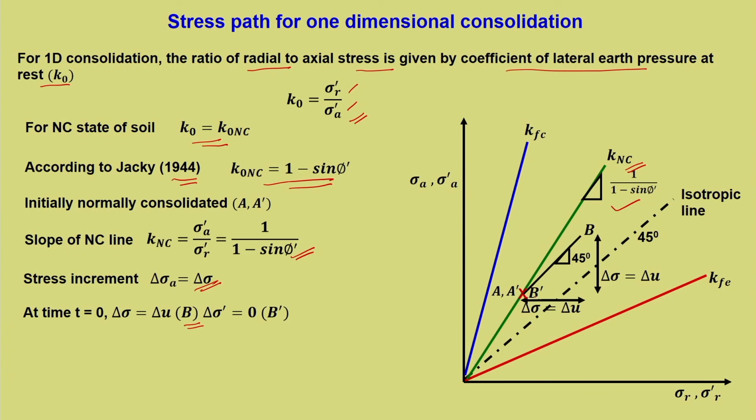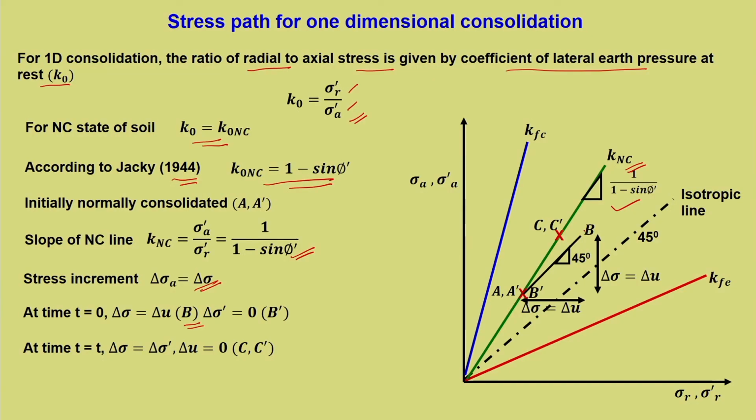Here, delta sigma is equal to delta u. Now, at time t equal to t, when there is no issue of pore water pressure, the effective and total stress paths are the same. What will happen? The point will lie on the normally consolidated line itself, and those points will be C, C'.